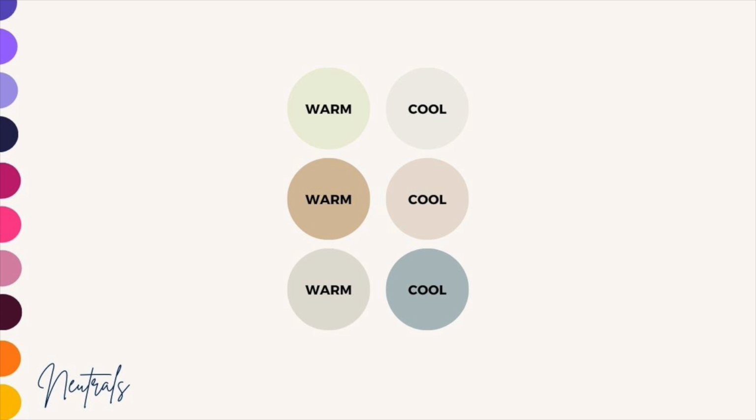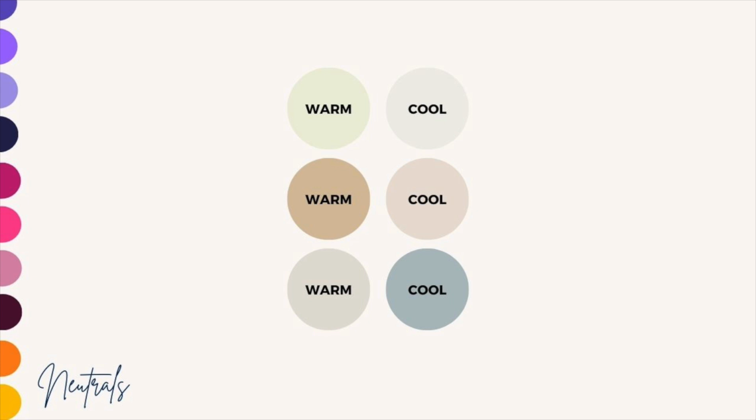Just like all other colors, neutrals also have warm or cool undertones. Probably the most easily recognizable are grays. We have warm grays and cool grays. Warm grays have more of a yellow undertone, and cool grays have more of a blue undertone. Warm greys aren't as harsh as cool greys.